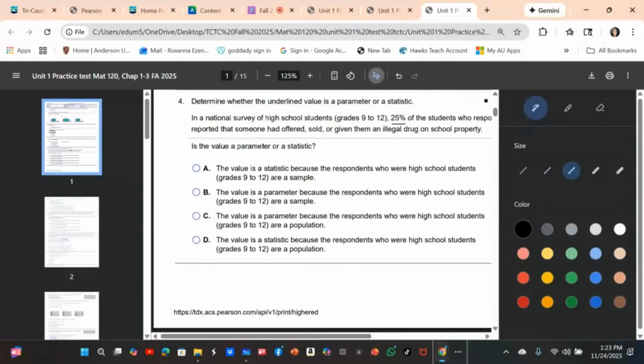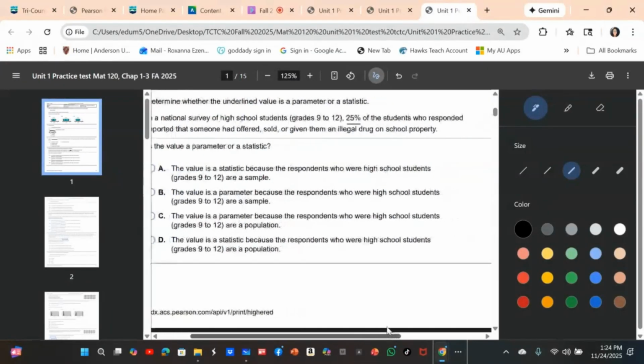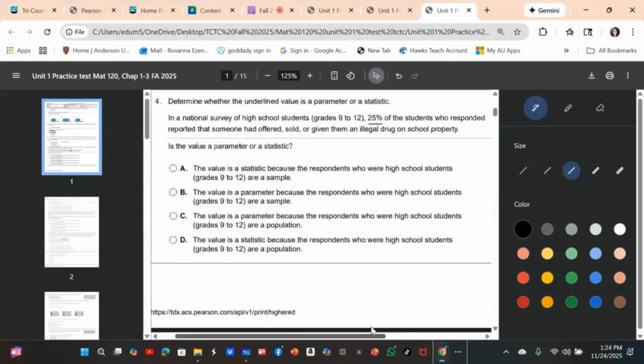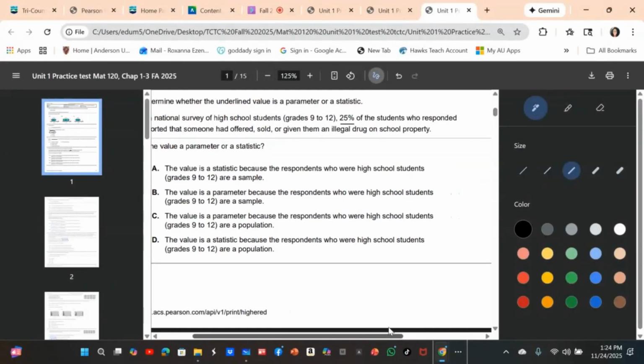Well, let's see question number 3, or is that 4? In a national survey of high school students, grades 9 to 12, 25% of the students who responded to the survey reported that someone had offered, sold, or given them an illegal drug on school property.